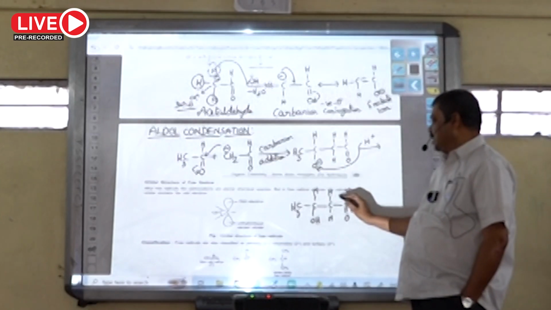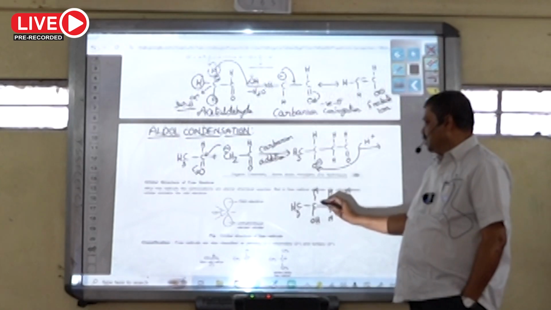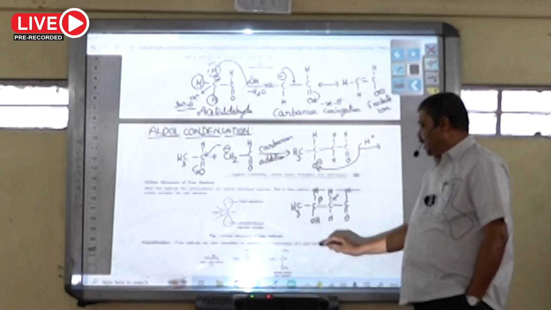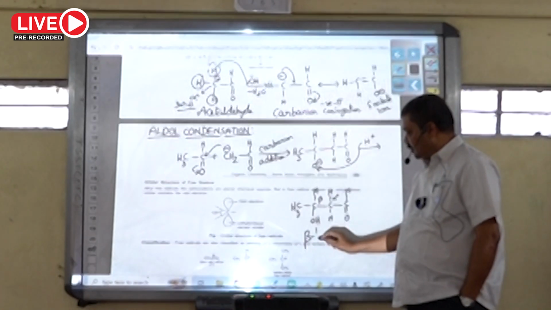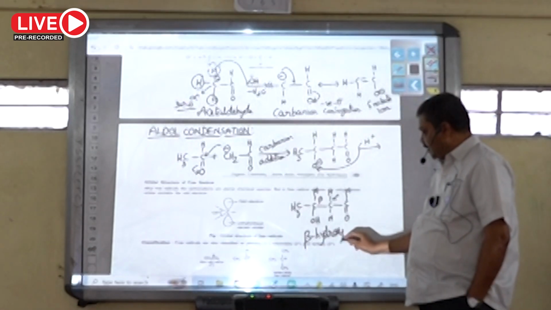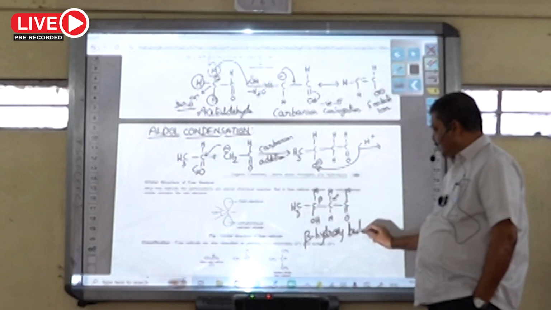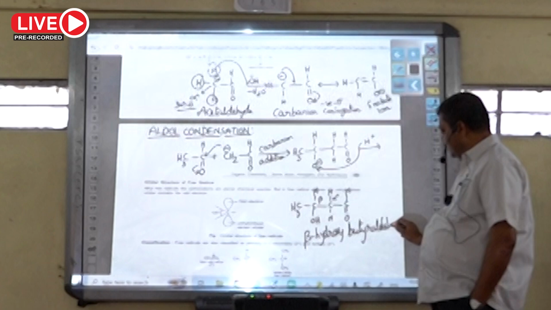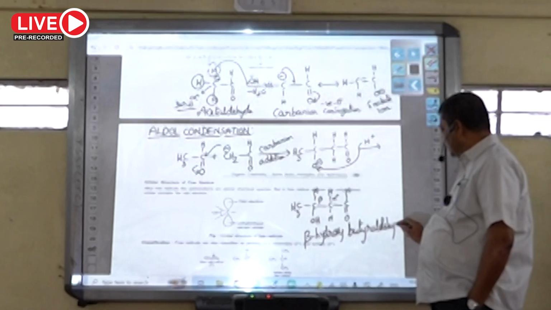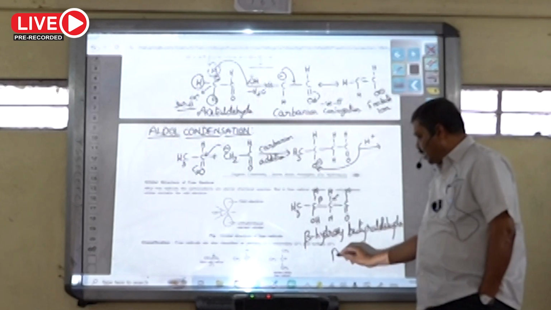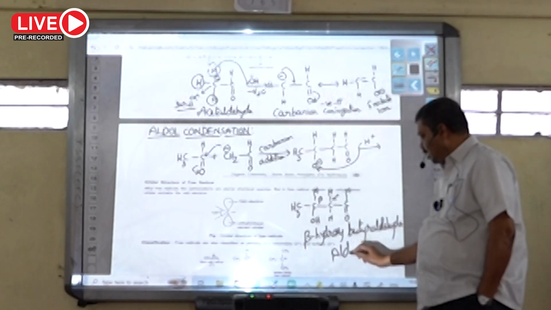The carbon adjacent to the functional group is alpha carbon. Next one is beta carbon. So it is called beta hydroxy butyraldehyde, which is popularly called aldol.